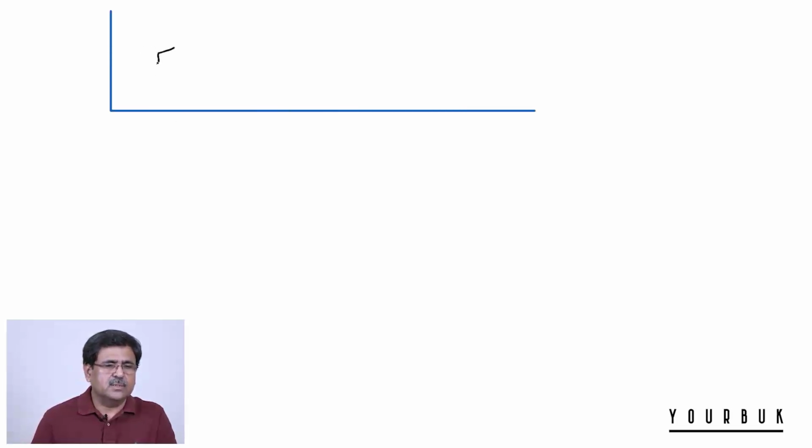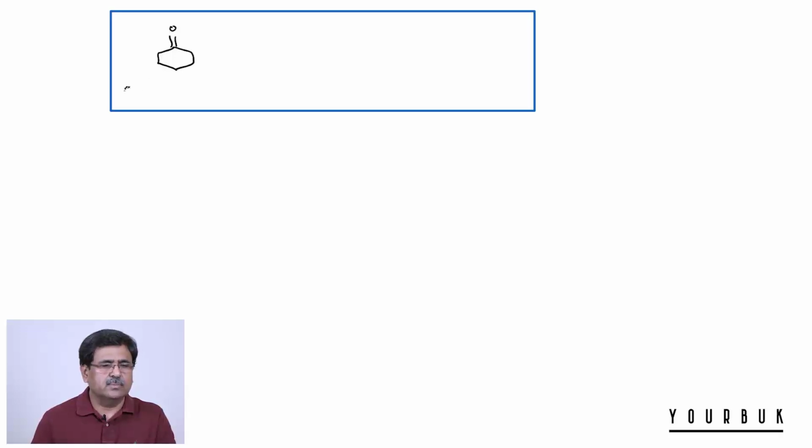For example, this. These are the two ketones given to you. One is called cyclohexanone. Now cyclohexanone on reaction with hydrogen cyanide in alkaline medium forms a cyanohydrin. This is cyanohydrin.